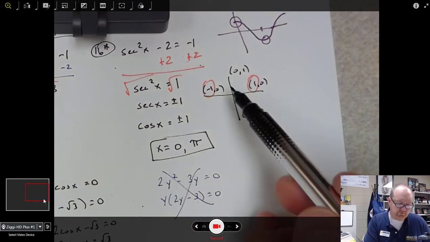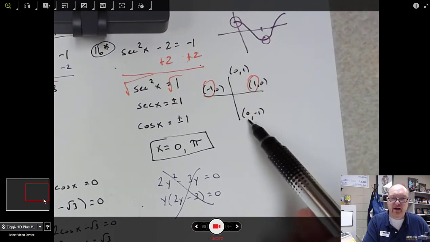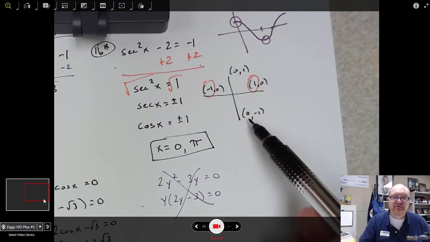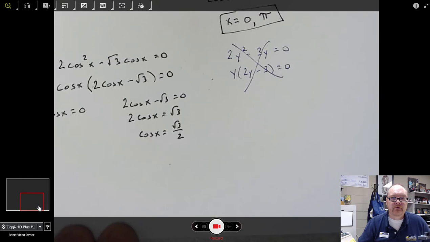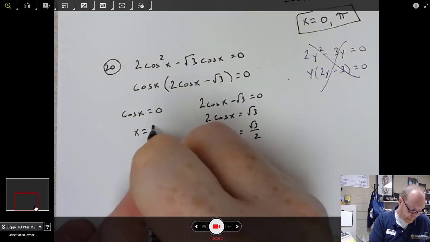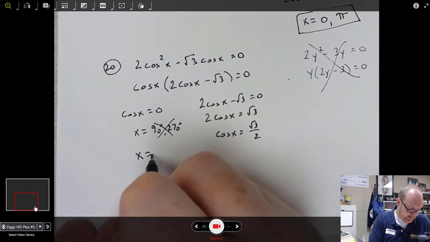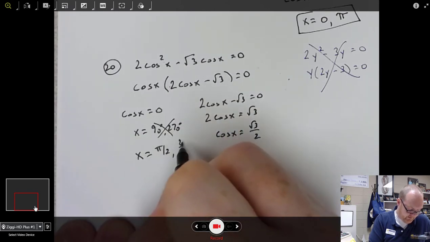So cosine is 0 at pi over 2 and at 3 pi over 2, at 90 degrees and 270. Again, in radians though, pi over 2 and 3 pi over 2.